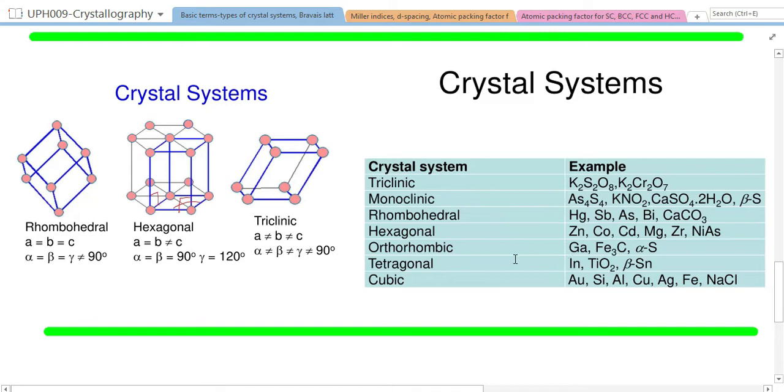Indium is tetragonal and so forth. Zinc is hexagonal and so forth. So these are examples of materials having different crystal systems as their building blocks.